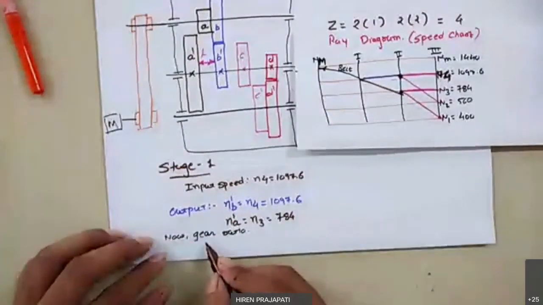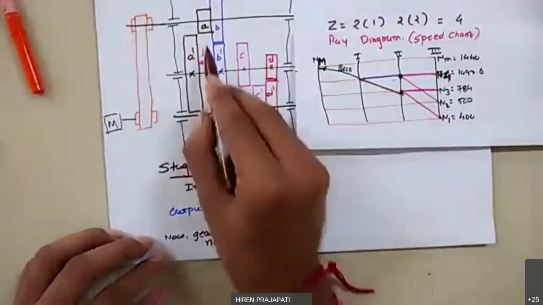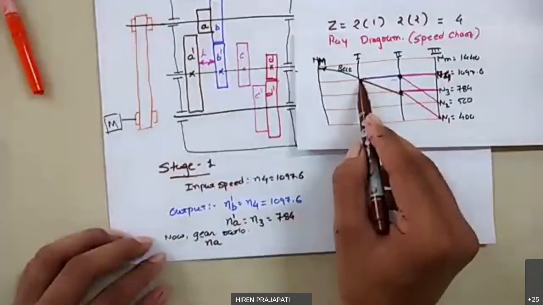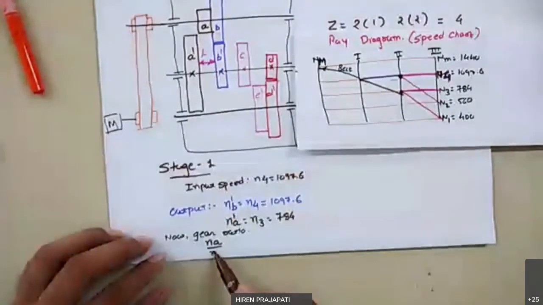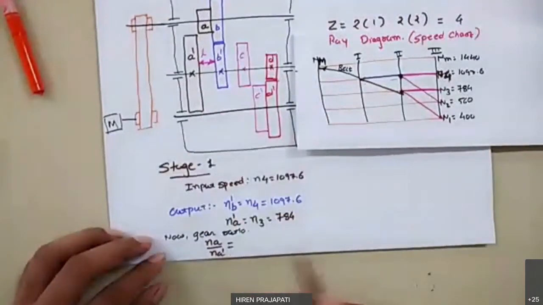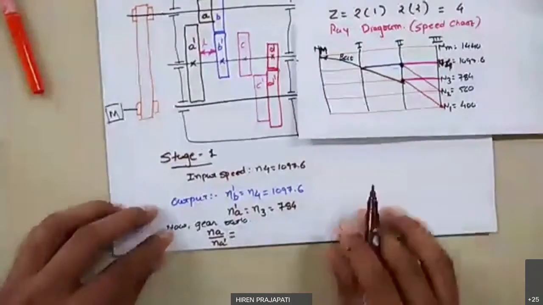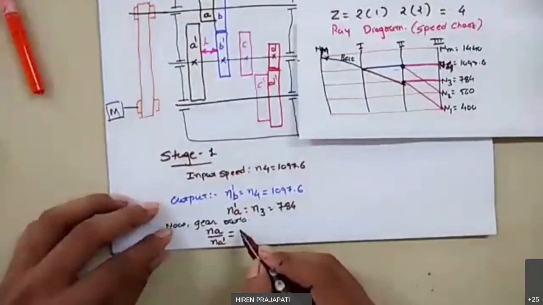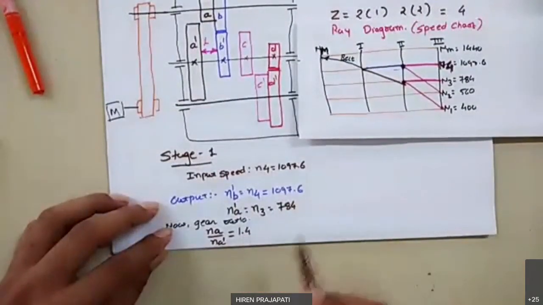So the speed NA, the speed of gear A, meaning the input gear, divided by the speed of the output gear A dash, NA dash, is equal to 1.4, right?